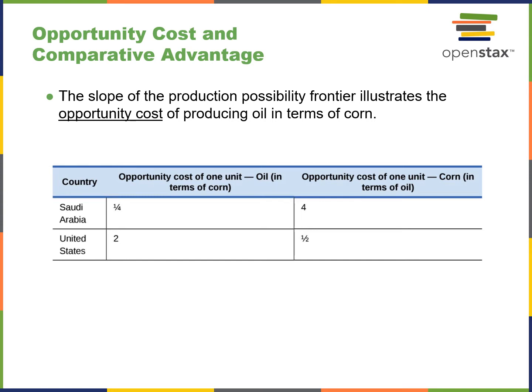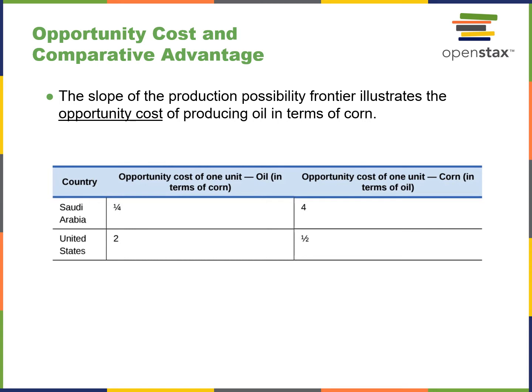So in terms of opportunity cost and comparative advantage, it's an illustration. The slope of the PPF illustrates the opportunity cost of producing oil in terms of corn. And so the opportunity cost of producing oil in terms of corn is you get a quarter bushel for 1 unit of oil. Doesn't even really make much sense for them to do that.